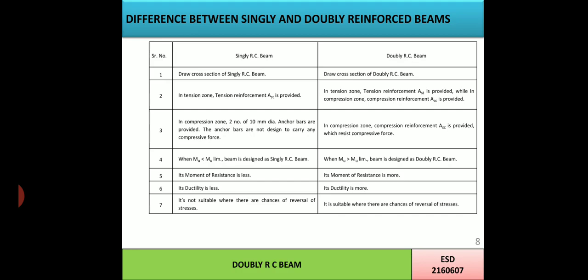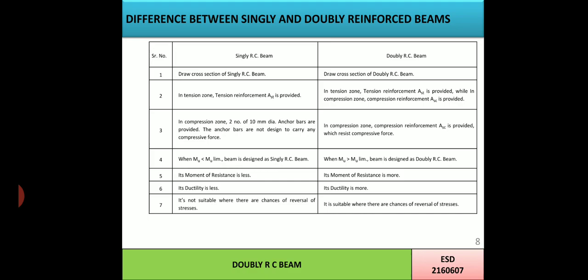Okay. Now second, in case of singly RC beam, in tension zone, tension reinforcement is provided, while in case of doubly RC beam, in tension zone, tension reinforcement is there, but at the same time in compression zone, compression reinforcement is also there. Third, in case of singly RC beam, in compression zone, two numbers of 10 mm dia anchor bars are provided.